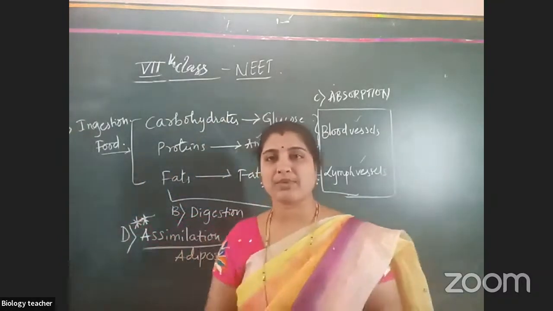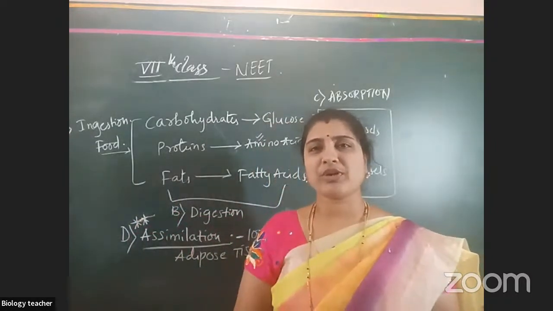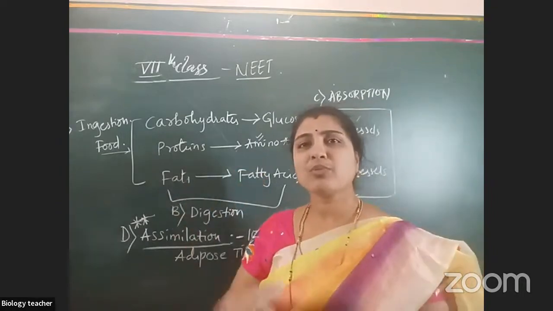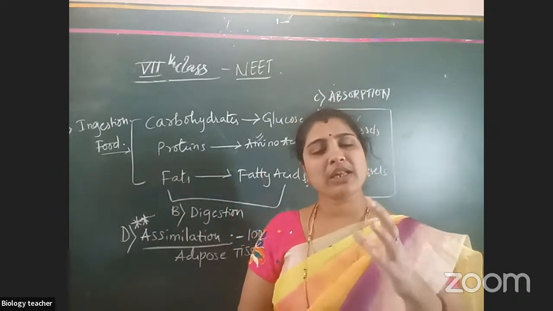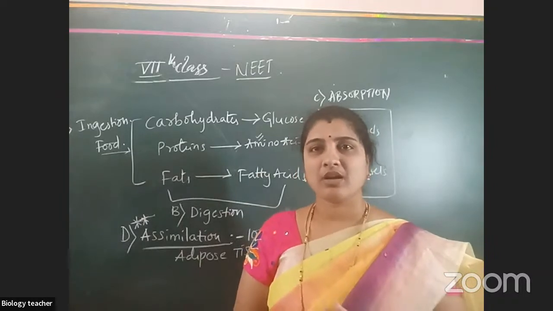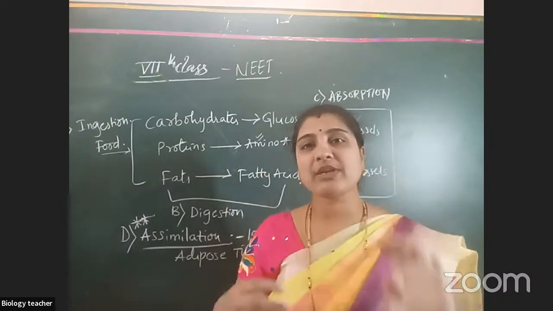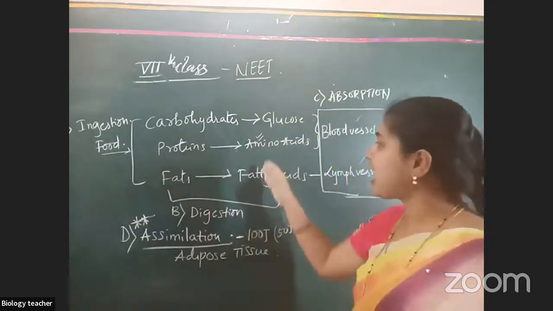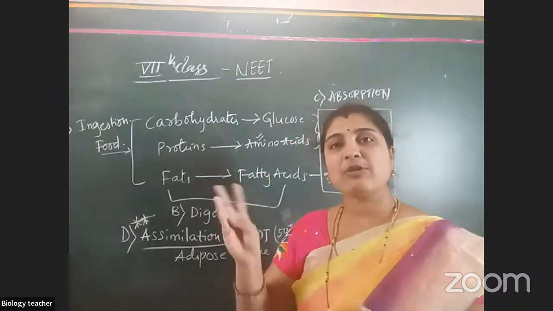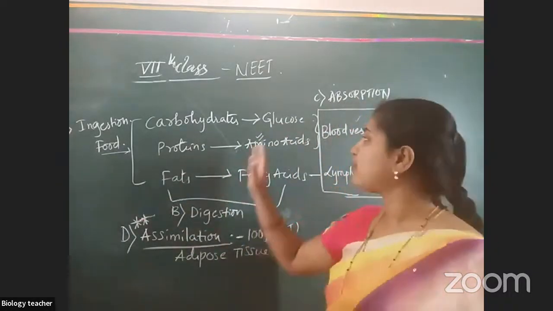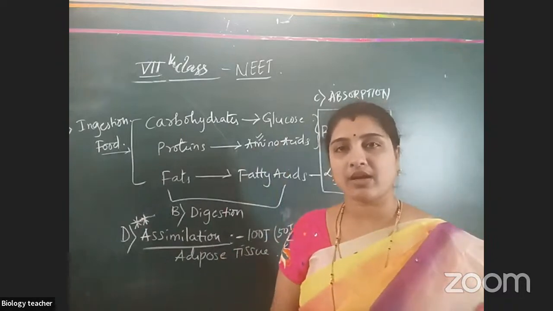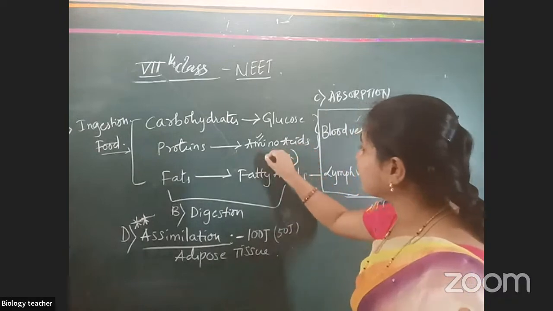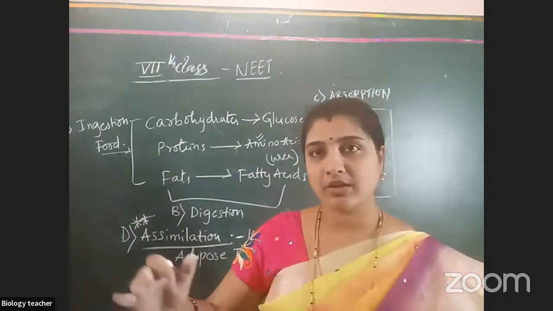I will give you one example. Suppose I eat only proteins, nothing but dal and sprouts. More amino acids are produced, but only half of them are used up. So the remaining amino acids change into urea. If they are not used up properly, they change into other forms. So that urea will be excreted through the urine.